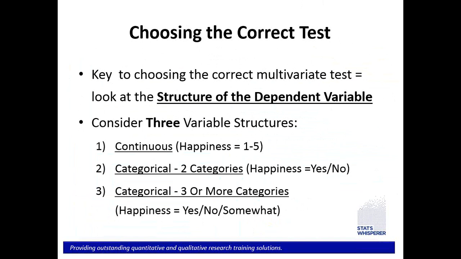Right? This may look familiar. We consider the structure of the dependent variable to determine which of the 3 tests are needed. And again, we're considering 3 variable structures. 1, the continuous dependent variable, such as happiness, measured on a scale of 1 to 5. 2, the categorical dependent variable with 2 categories, such as happiness, yes, no. And 3, the dependent variable with 3 or more categories, such as happiness, yes, no, somewhat.